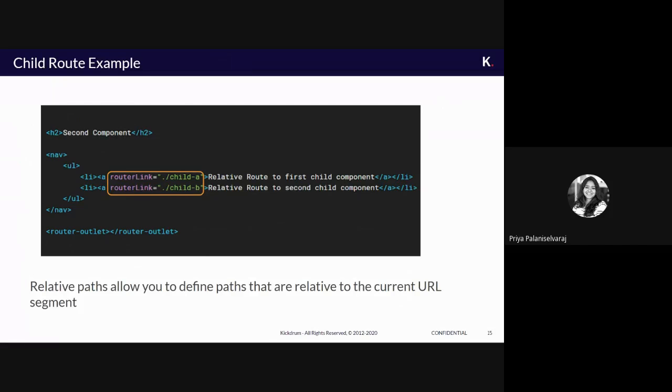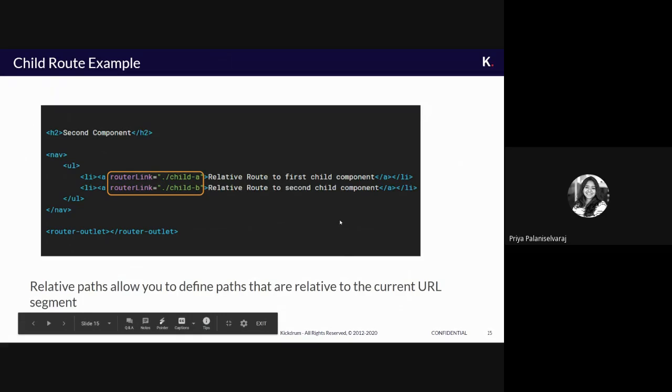Obviously, I don't want to mention second component slash child A. So for easy readability and code maintainability, I mentioned a relative URL, and the rest of the things will be the same.